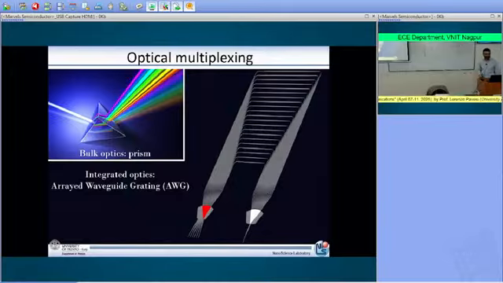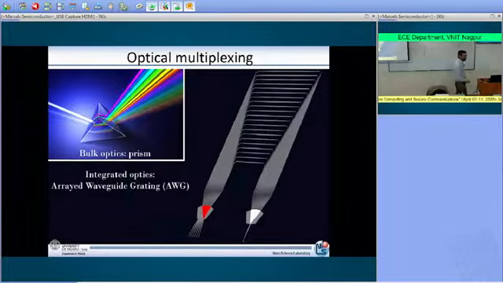So, for example, if you have a red line, depending on the wavelength, the phase shift is different, and therefore all the light with red color that is coming here is focused on this specific point, where you get constructive interference of the red light.